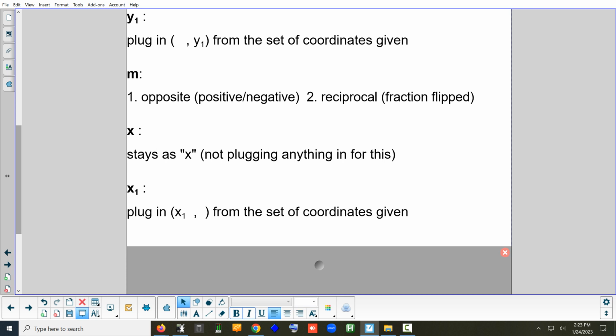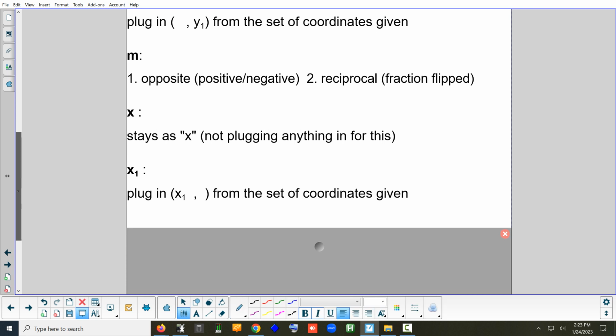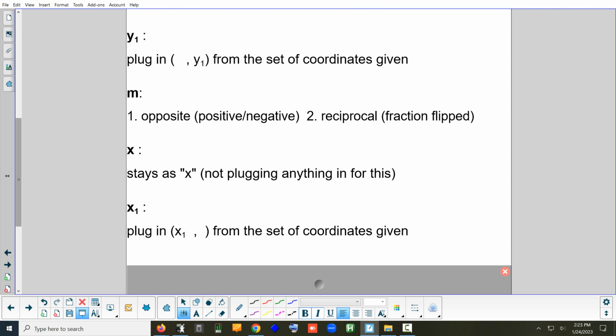Does everybody have those steps filled in?